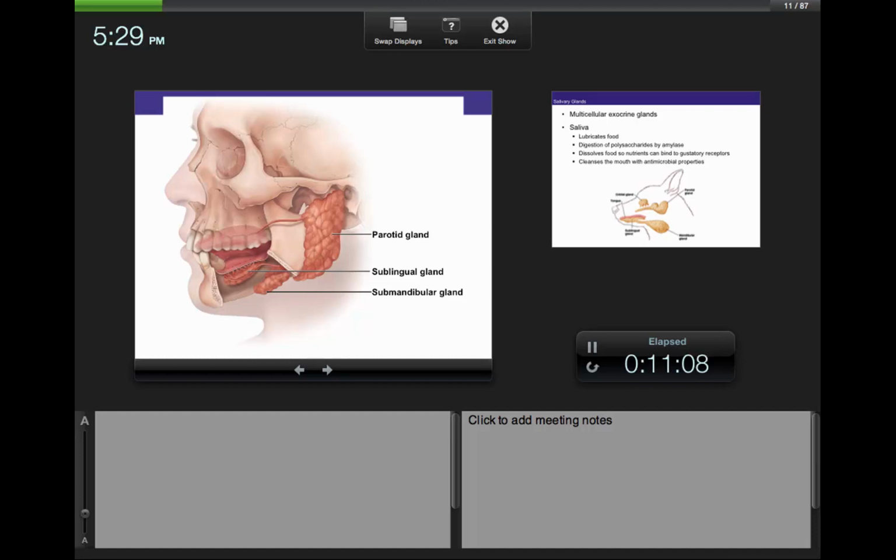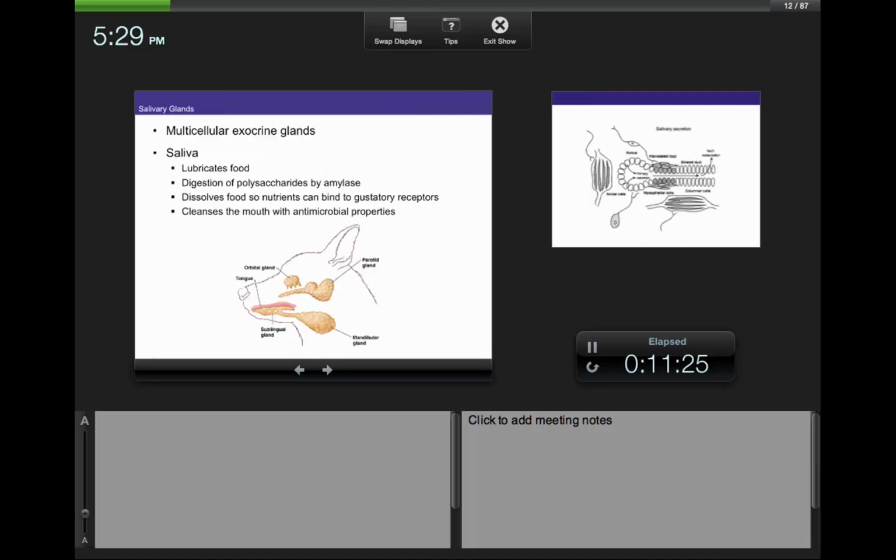So why is saliva important? It helps to lubricate food. It already secretes amylase to start digesting polysaccharides. Let me flip to this next one here.